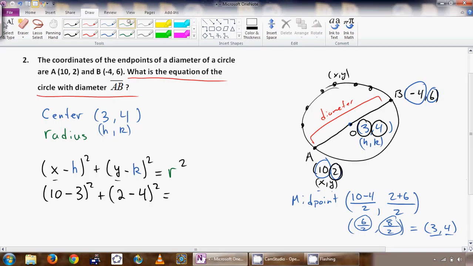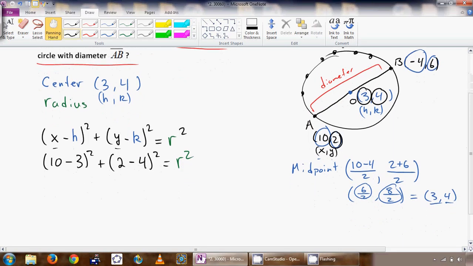If I complete that math, that will tell me my radius squared, which is what I'm looking for. So doing the math, let's simplify. 10 minus 3 is 7, and 2 minus 4 is negative 2. That all equals my radius squared.